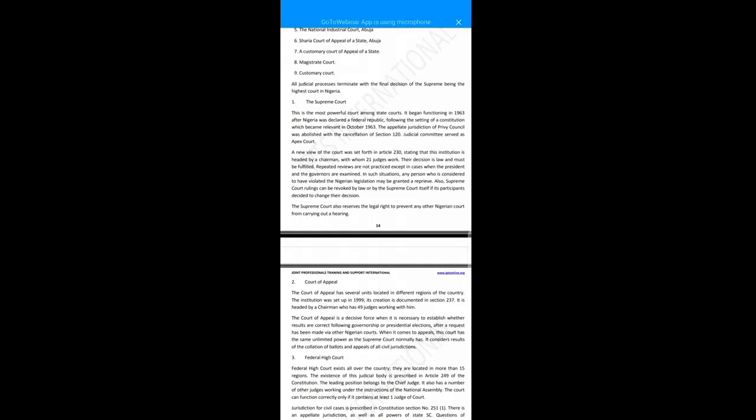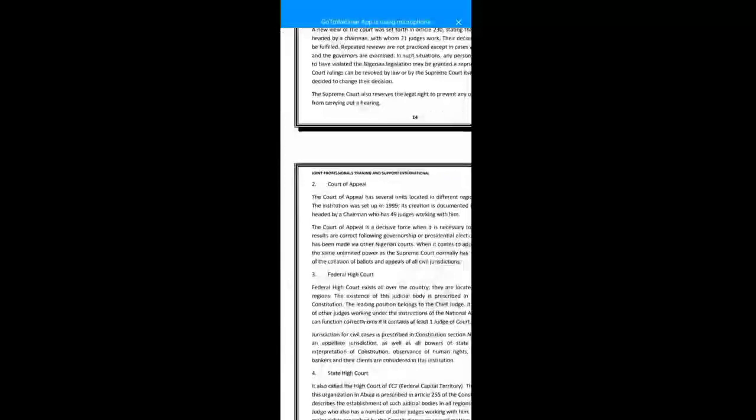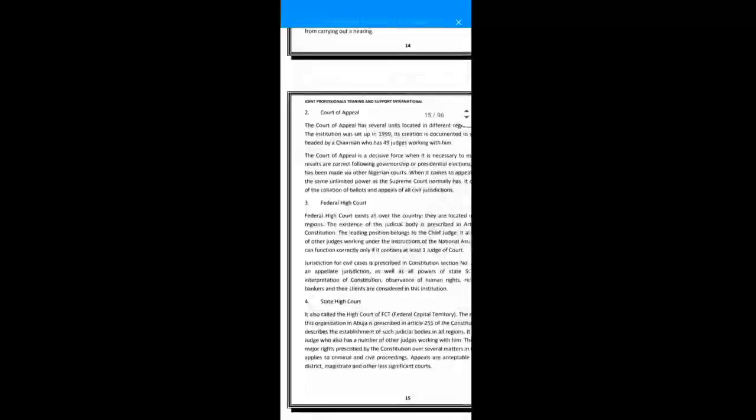Jurisdiction for civil cases is prescribed in Constitution section number 251. There is jurisdiction as well as all power of the state.